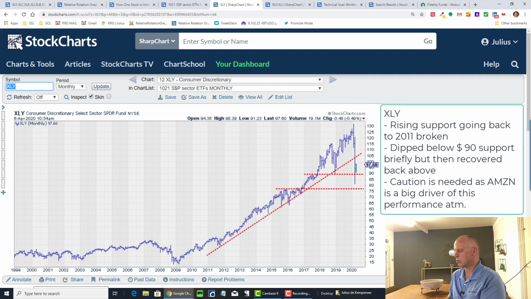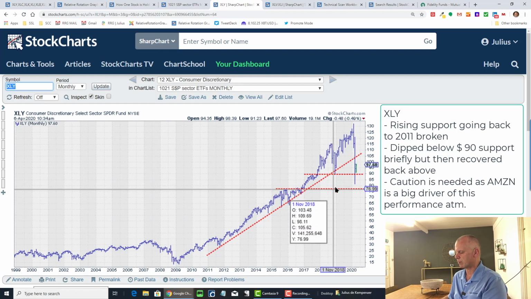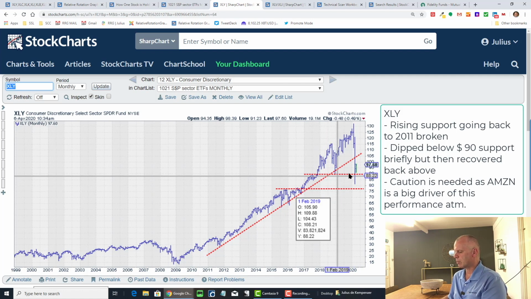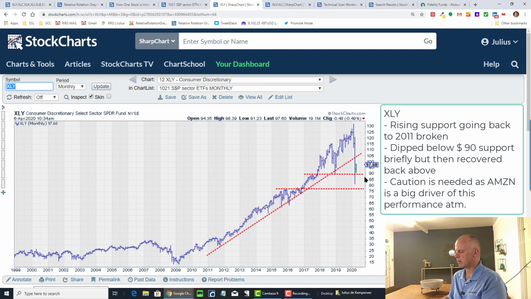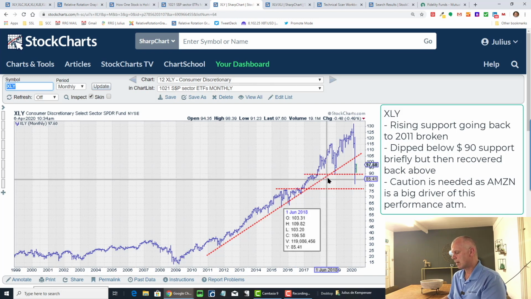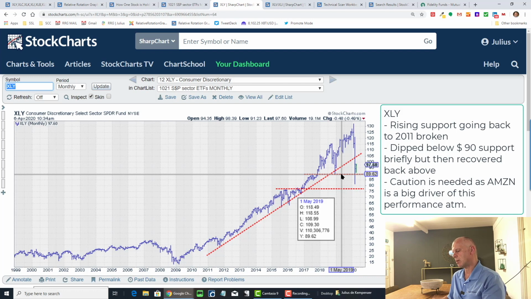We didn't reach the support level, say about 77.50. We did break through and come back to that support level around 90, which lines up the high from 2017 and the low from 2018. That seems to be the closest nearby support level right now.